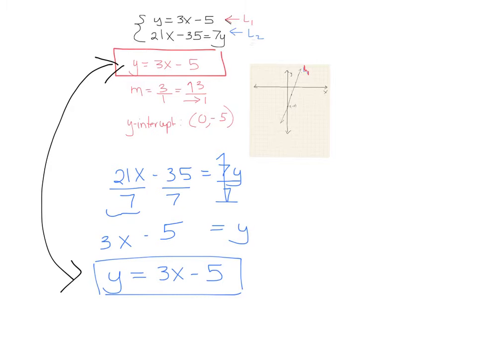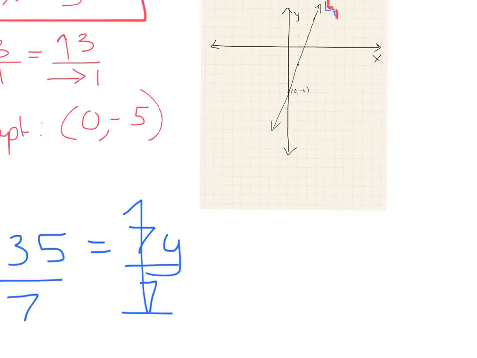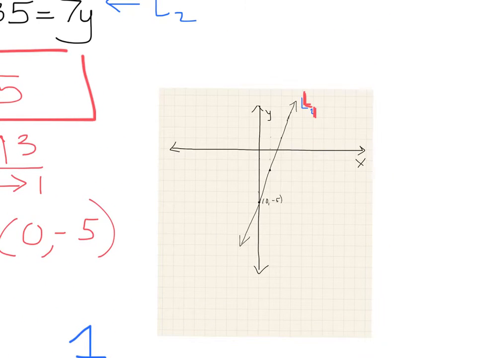So when we graph this line, we've technically graphed it already. Say the first line was red, and if you graph the blue line, you're just graphing over it.